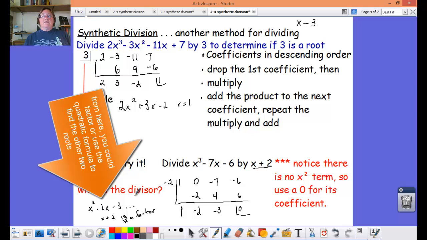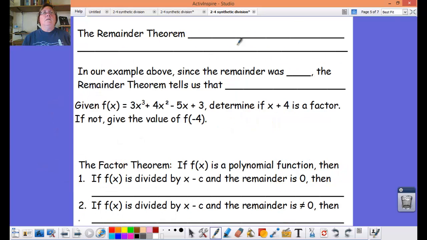Now, one thing that's important for us to know, if we know one factor and then we get down to a squared, now it's possible that we'll be able to factor this. They don't ask us to here, but all right, I'd like us to solidify just a little bit what we've been talking about.